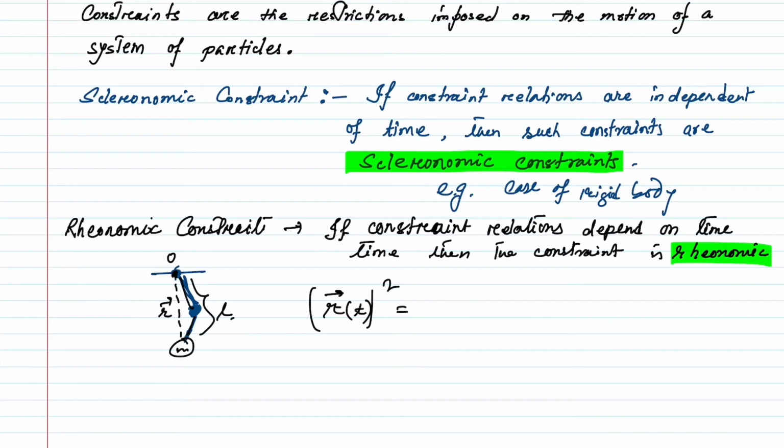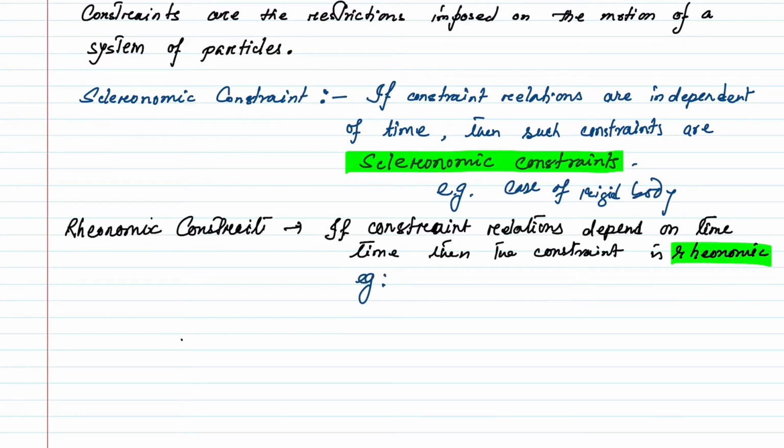So we can say it is rheonomic constraint. Okay, so here we can give an example: deformable bodies. Deformable means which is not rigid.